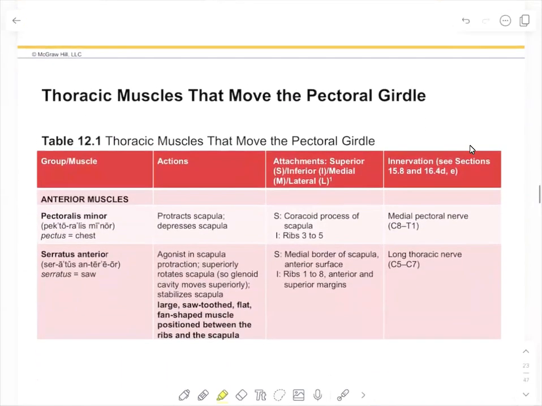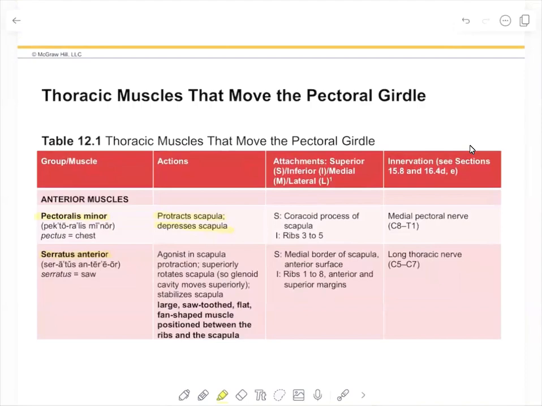So some of the thoracic muscles that move the pectoral girdle are the pectoralis minor, which is going to protract the scapula and also pull it downward, so depress the scapula. The serratus anterior is so named because it kind of looks like a serrated knife.